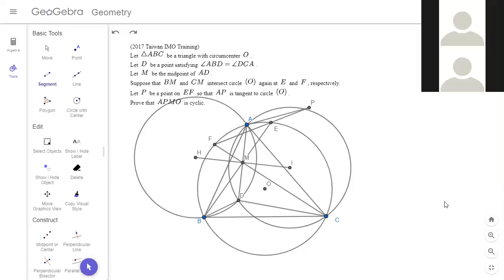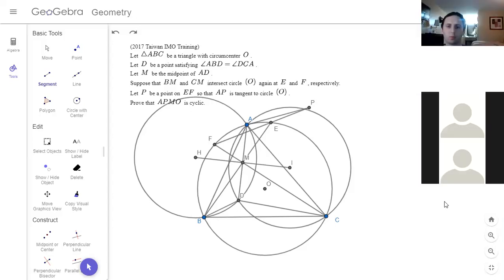Let's see if we can put this on. Can we say anything special about that circle?